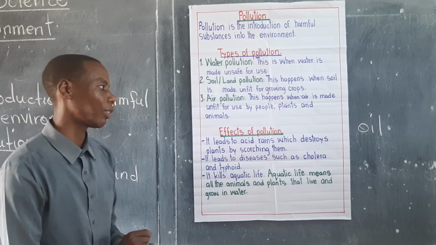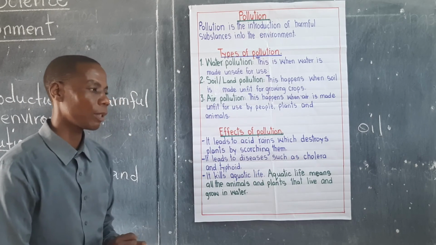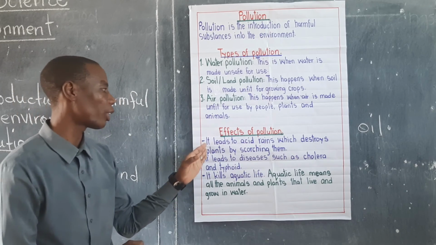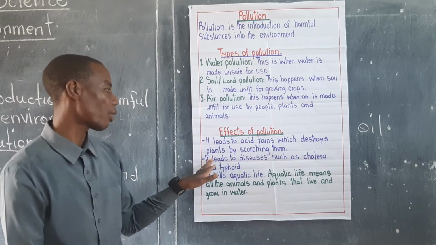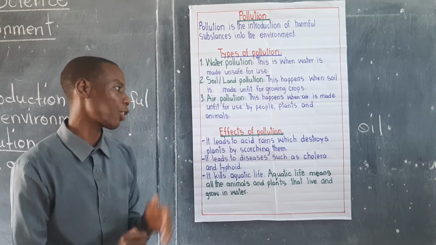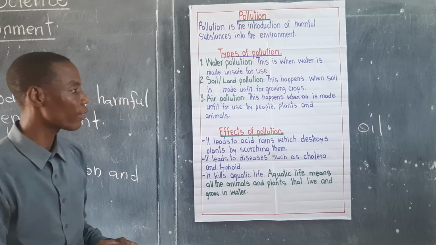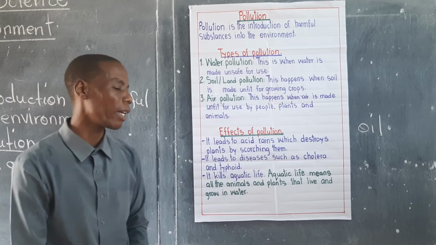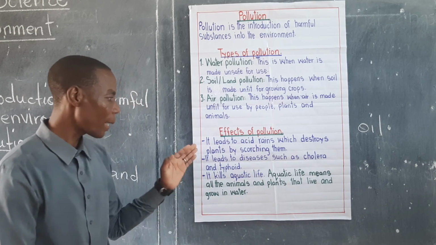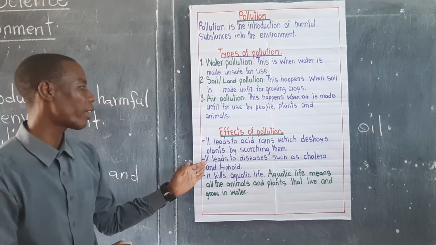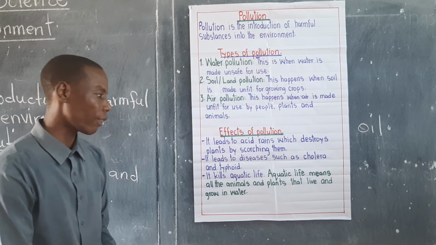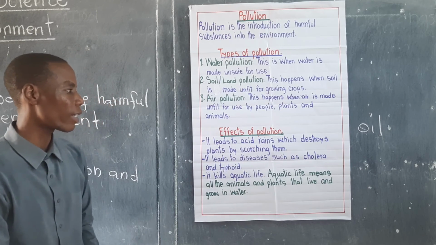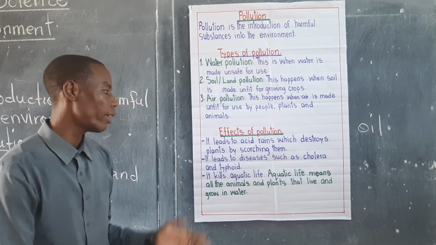Effects of pollution. What are the effects of pollution? It leads to acid rains which destroys plants by scorching them. Apart from that, it also leads to diseases such as cholera and typhoid.